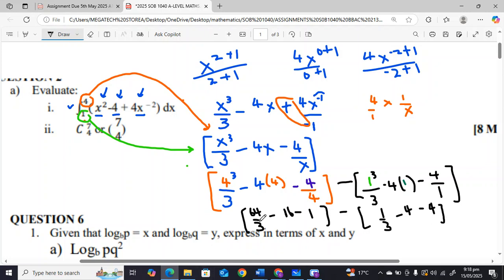If you do not want to work with fractions, you can work with decimals, colleagues, all right? It's okay to work with decimals.